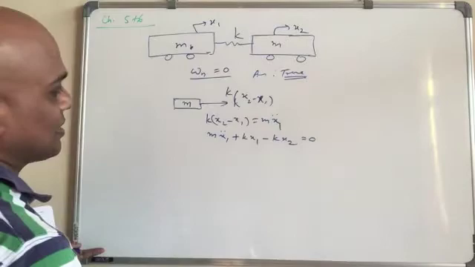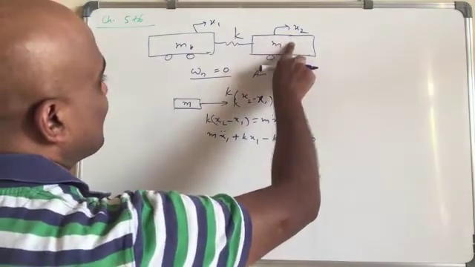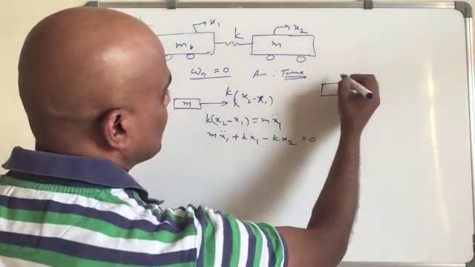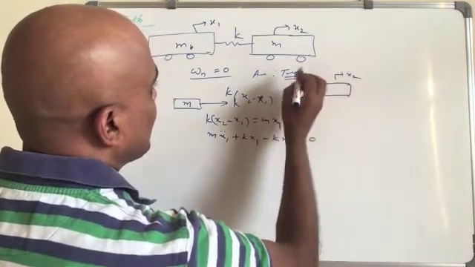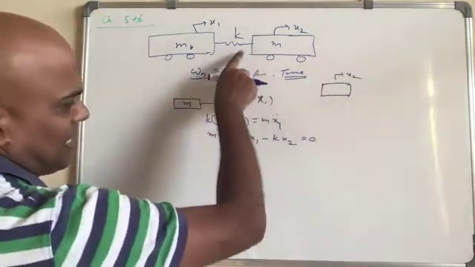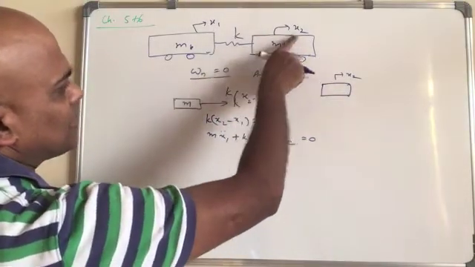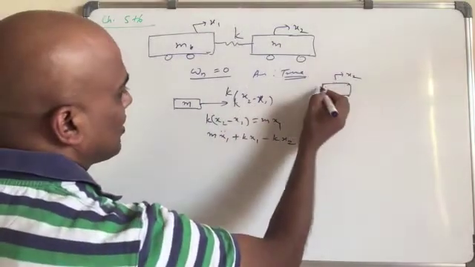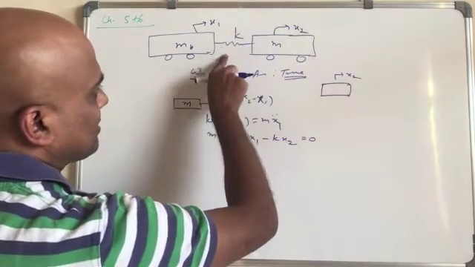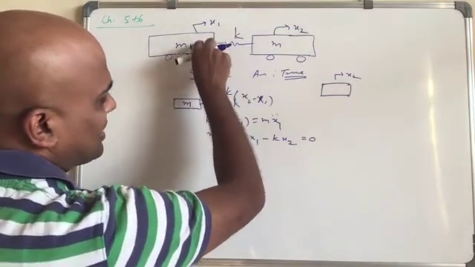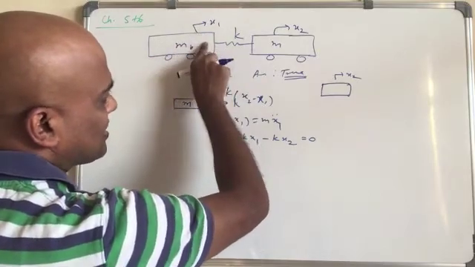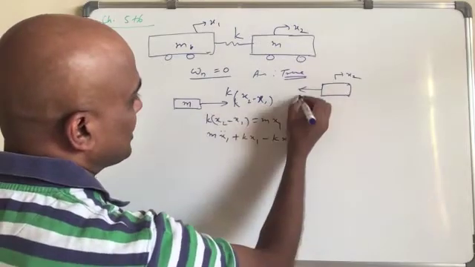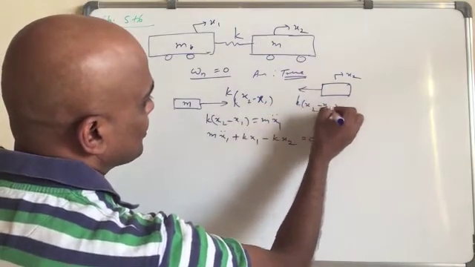This is one equation. Simply you do the same for the other one. Now you can assume x2 is more than x1, so there will be a stretch this way, so it will be k times x2 minus x1.